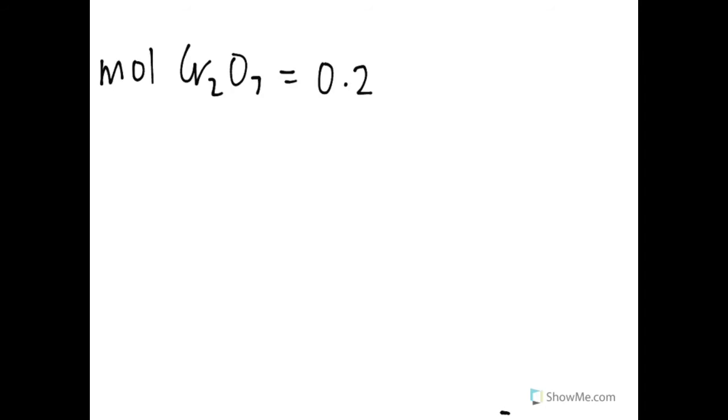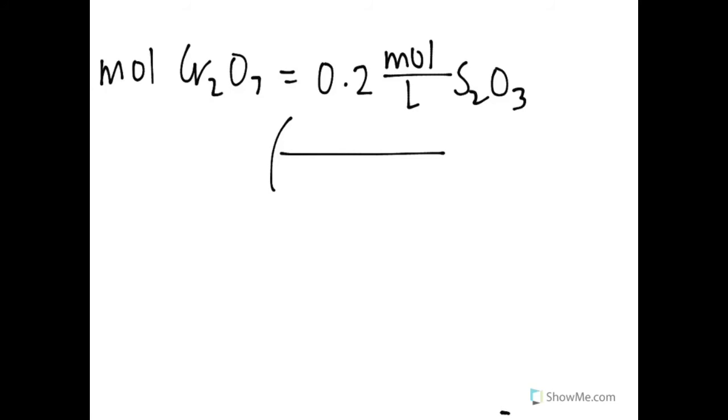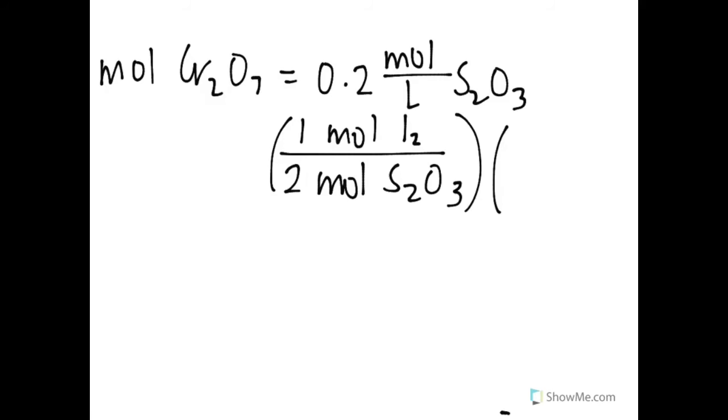So 0.2 molar, or let's use moles per liter here, of the S2O3 multiplied by the molar ratio of the thiosulfate to the I2, which is 2 moles of the thiosulfate, and above is 1 mole of the I2, multiplied again by the molar ratio of the Cr2O7 to the I2, so 1 mole of Cr2O7 over 3 moles of I2.